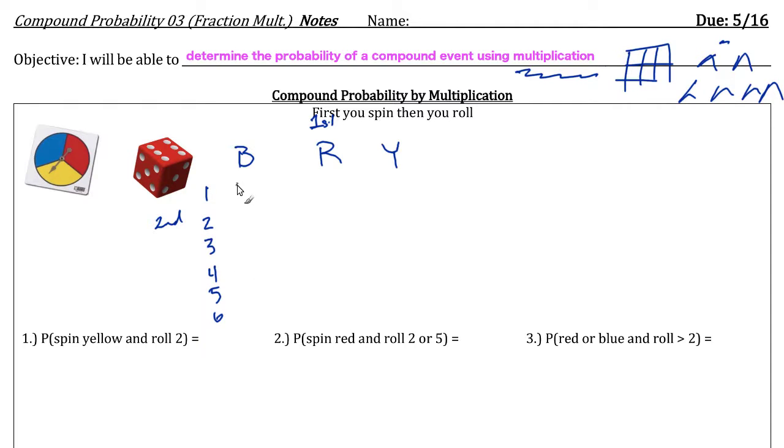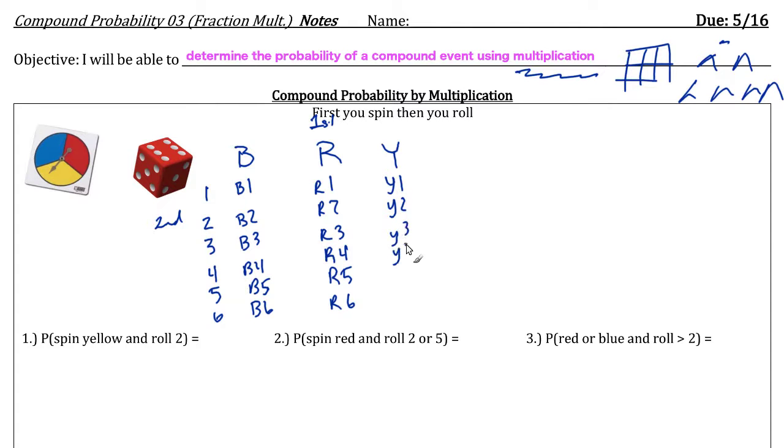So you can get blue 1, blue 2, blue 3, blue 4, blue 5, or blue 6. You can get red 1 through red 6. Or you could get yellow 1 through yellow 6.